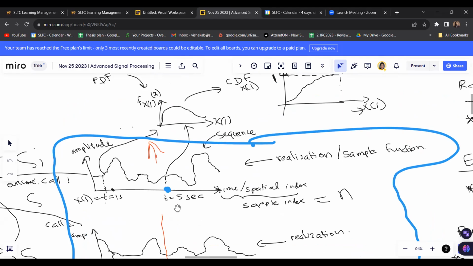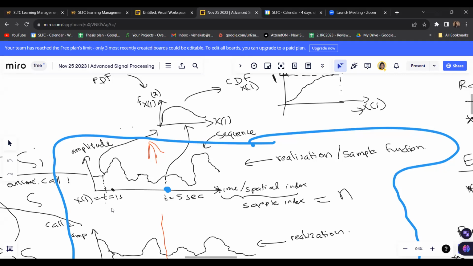So the time instances are basically the random variables in these random processes, right? So the random variable is basically actually the time instance, right?